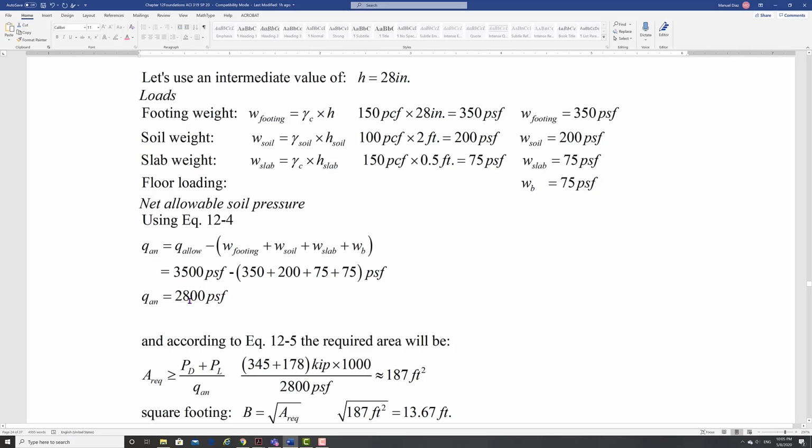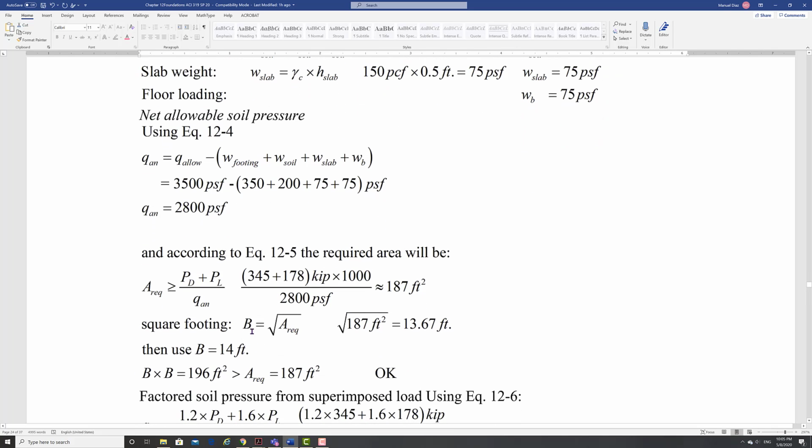This net value has to carry my loads from the column. So my loads for the columns are these. So I divide by my net, that gives me my area that I need for the footing. Since I'm going to make this a square footing, I get about 14 feet. So I'm going to have a 14 feet by 14 feet square footing to carry my load. Okay.